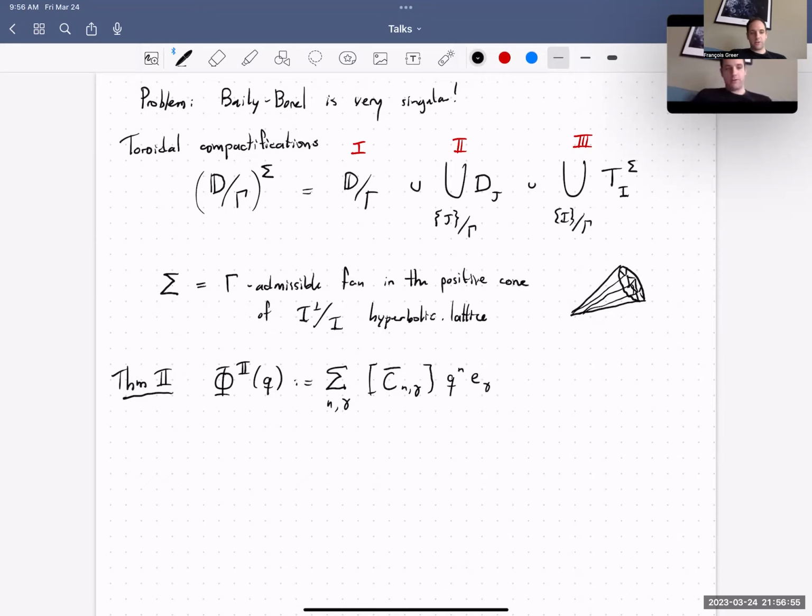Again, if this is your first time seeing it, you can just ignore the e_gamma and just assume that gamma is 0. But now this lives in H^2 of D mod gamma, tensored with formal power series. The theorem says this is a vector-valued quasi-modular form.